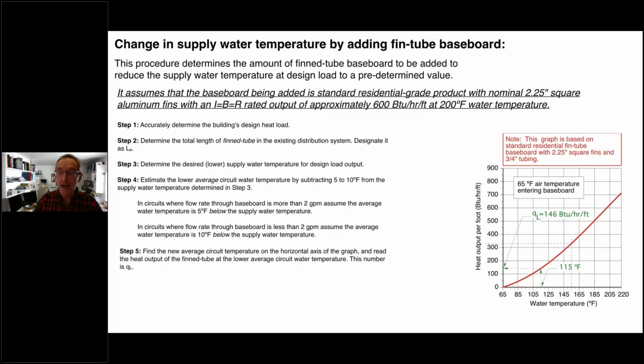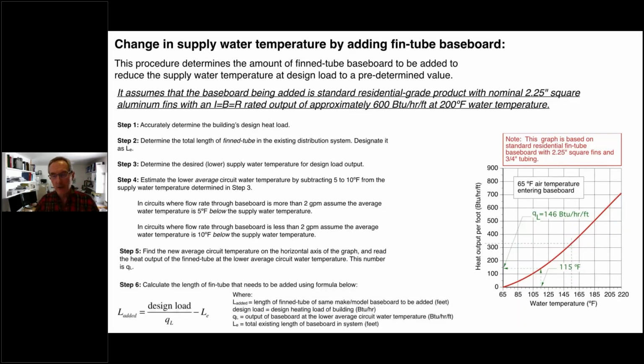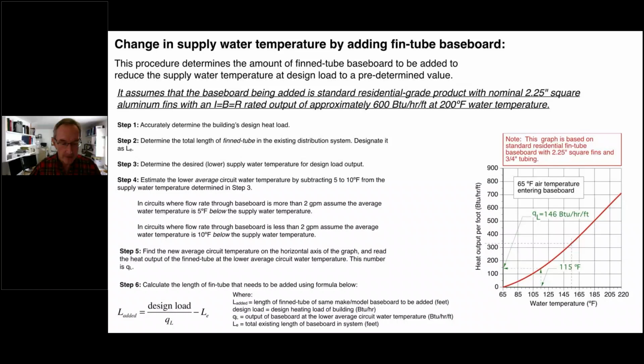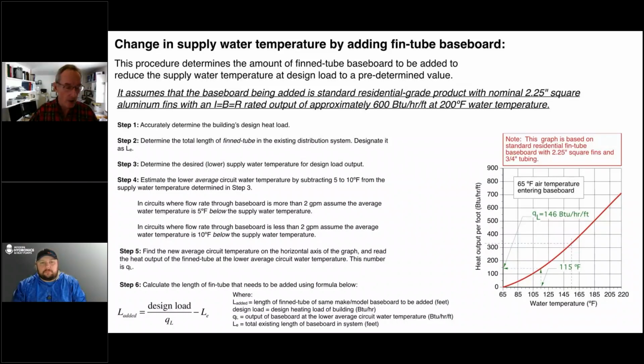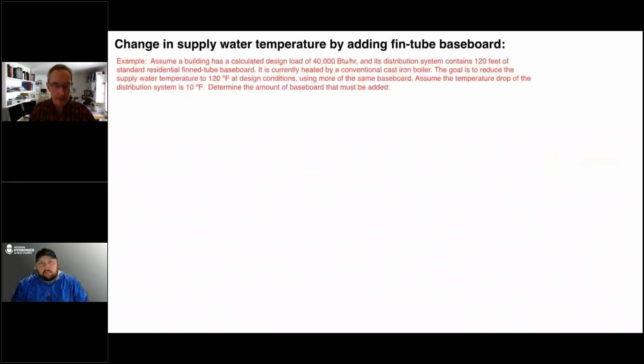And then finally, now that we know what our fin tube is capable of at that low water temperature, we can use this formula down at the bottom where we take our design load, we divide it by the output of the baseboard at the lower water temperature. In this case, I believe it was 147 BTUs per hour per foot, something like that. And then we subtract the length of the existing baseboard, and this will give you how much baseboard you have to add. So let's run through a quick example on it again.